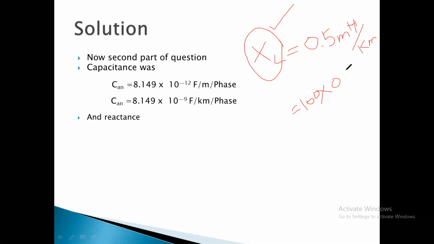Maybe it's like 50 milliohm. Sorry, not millihenry, it's milliohm per kilometer per phase. It is not henry, it is ohm, because we are talking about reactance, not the inductance. So we just multiply it with 100.